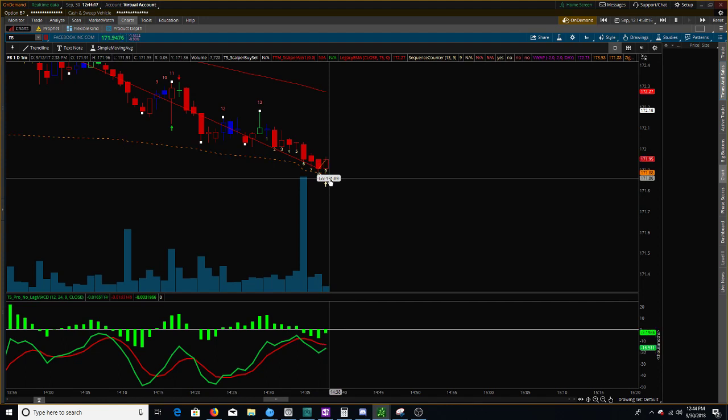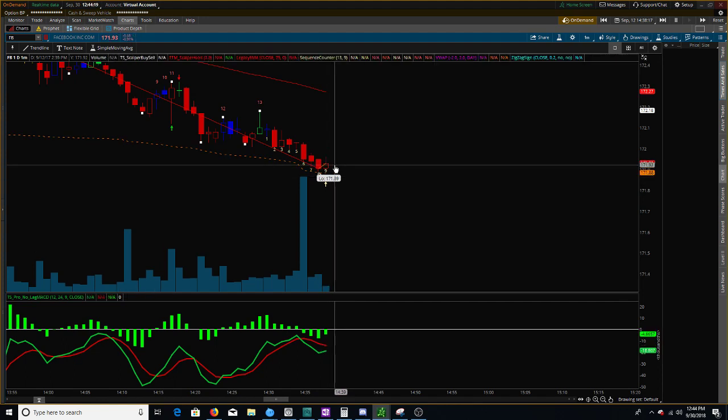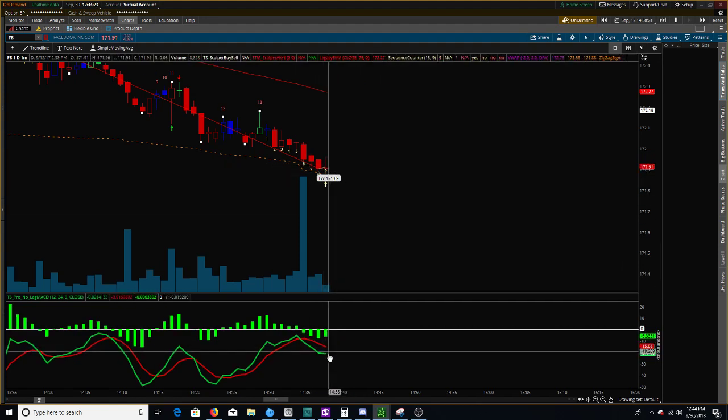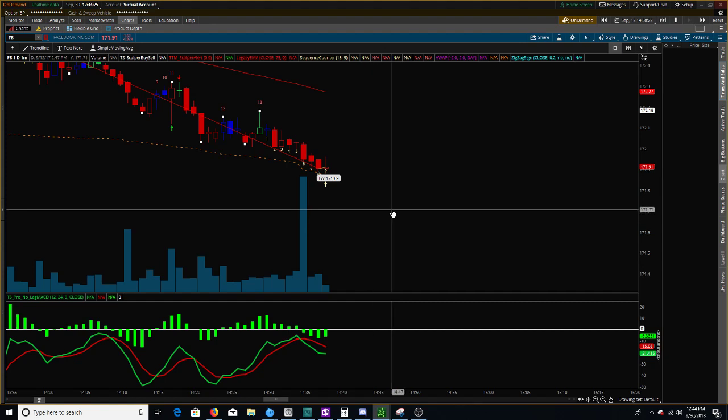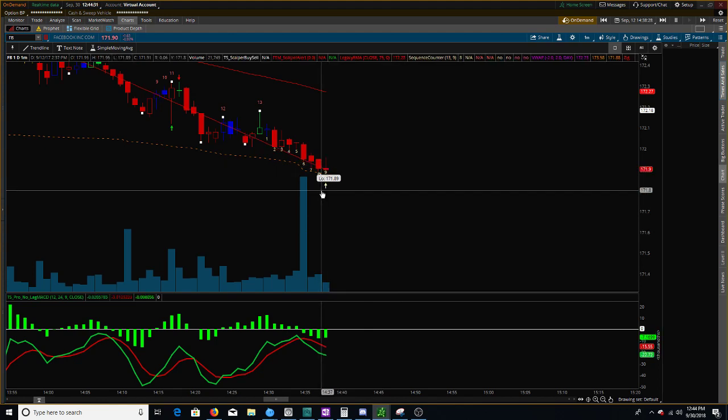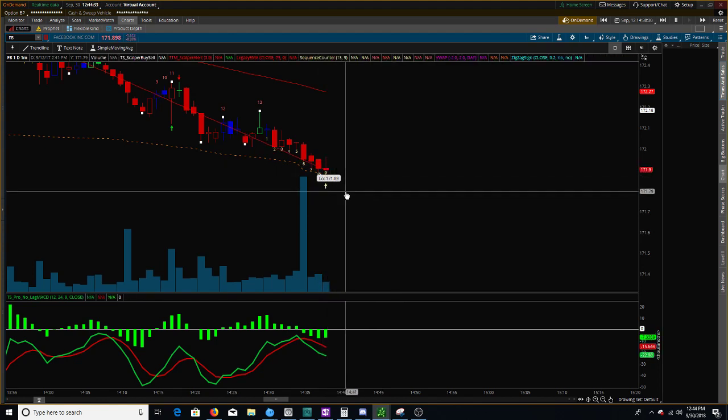I have a feeling it's going to go lower. But if it doesn't and I get a solid cross here, then I would enter. But I don't think it's going to. I think it goes a bit lower before that green arrow appears.